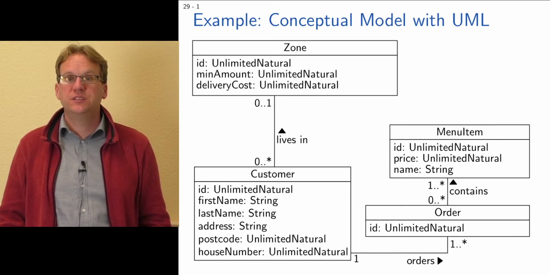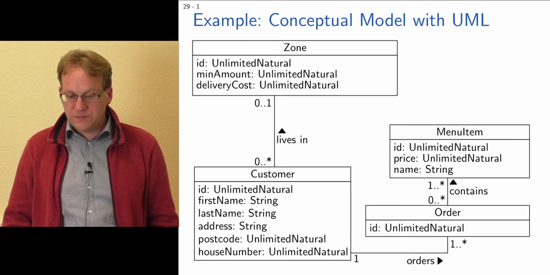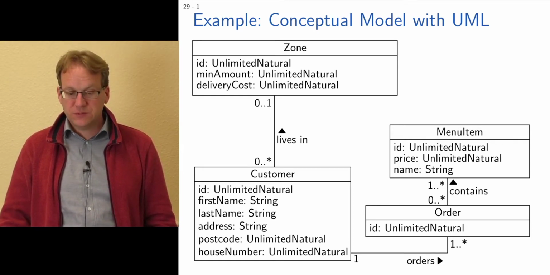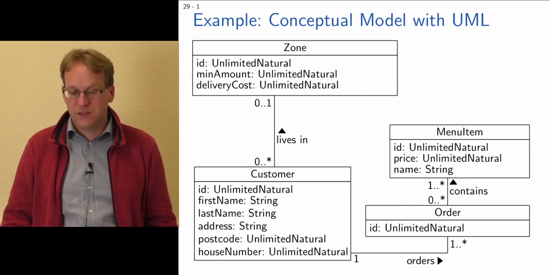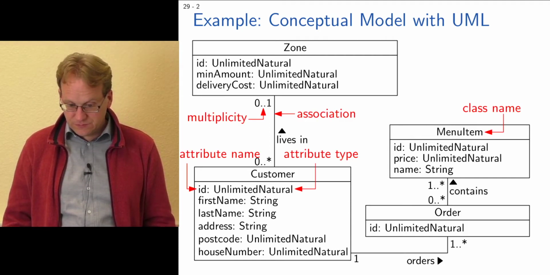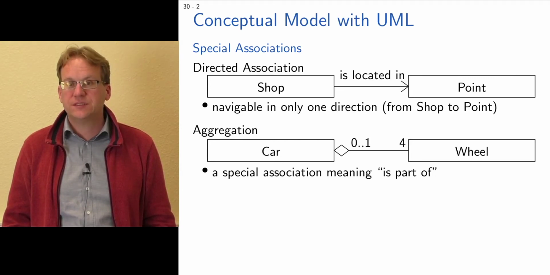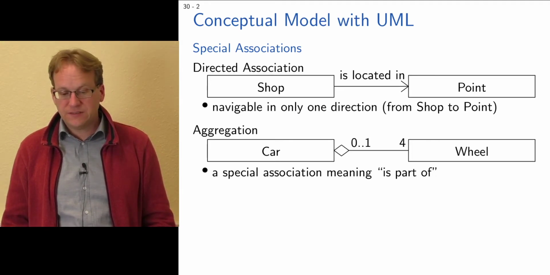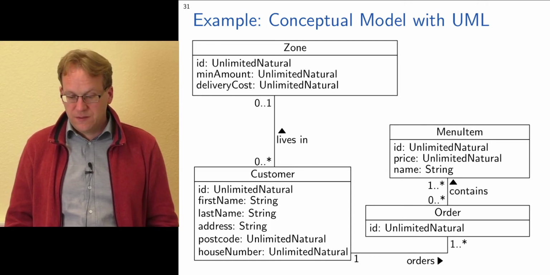We used UML, the Unified Modeling Language, to develop this class diagram showing 4 different classes with associations between them and the attributes of the classes. We also discussed special associations like, well, directed associations, aggregations, and compositions.